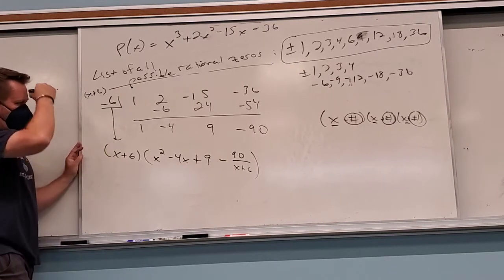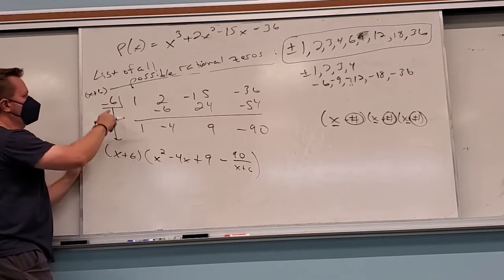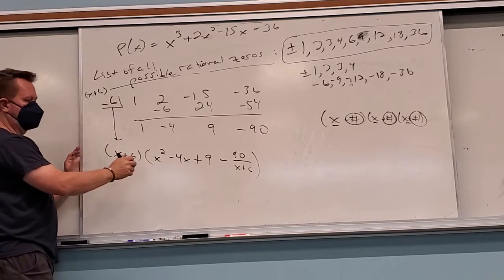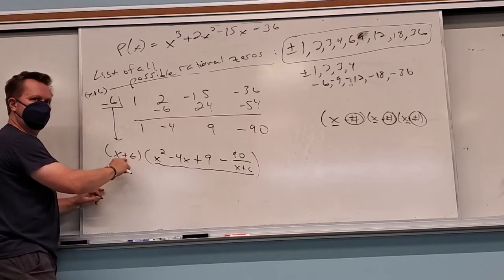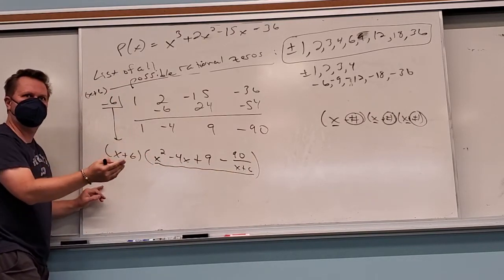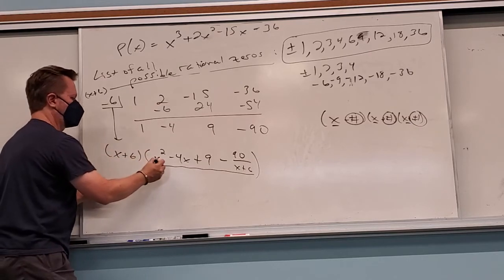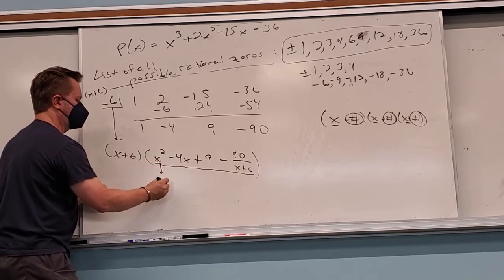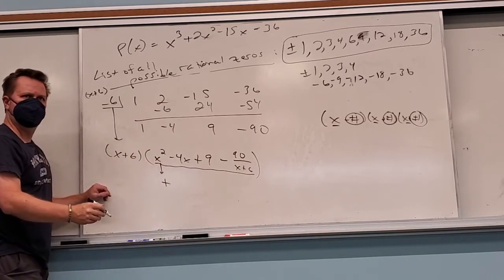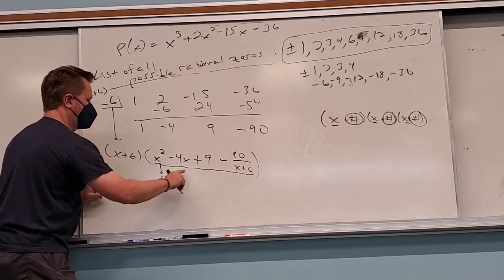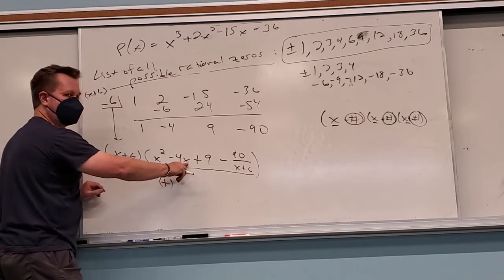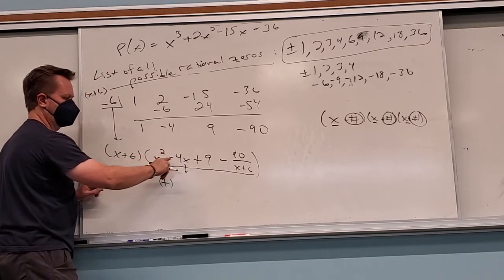If I put a number less than -6, is there any way this will be 0? If I put a number less than -6, like -7 or -8, right? Isn't this just positive always? X squared, right? That's positive. If I put a number less than -6 in here, what would this term be?